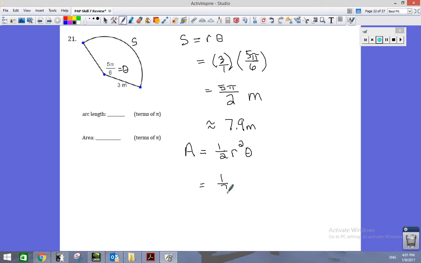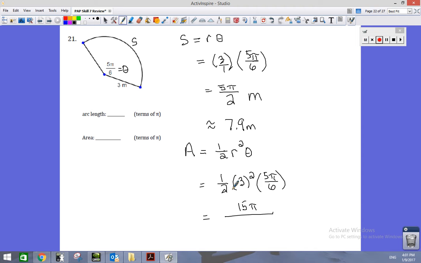And I've got 1/2 times 3 squared times 5 pi over 6. So 9 over 6 reduces to 3 over 2, so 3 times 5, 15.